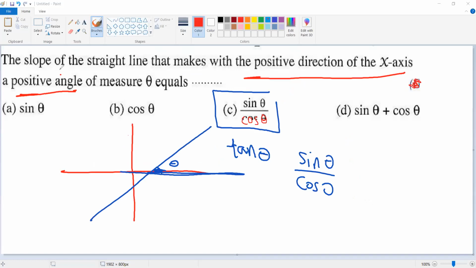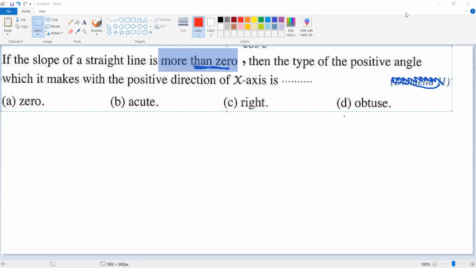Once again, the slope of the straight line which makes with the positive direction of the x-axis a positive angle of measure theta equals tan theta, and tan theta is equal to sine theta over cosine theta. If the slope of a straight line is more than 0, what's the meaning of more than 0?